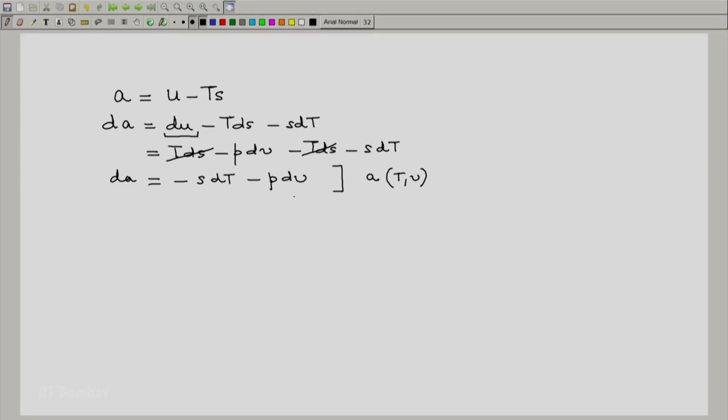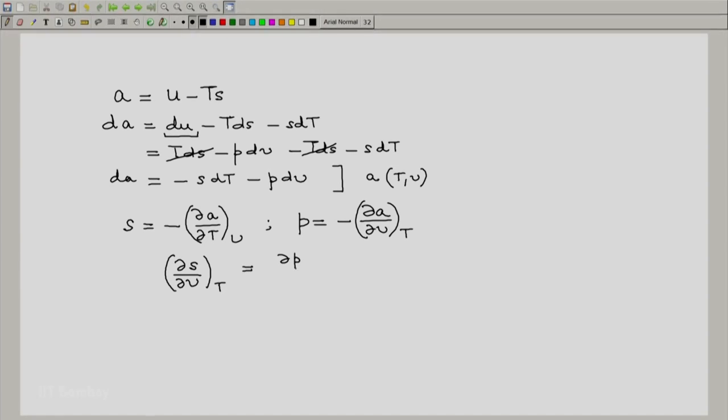Now since both the left hand side and the right hand side are exact differentials, we must have S equal to minus, because of this minus sign, partial of A with respect to T at constant V, and P equal to, again note the minus sign, minus partial of A with respect to V at constant T. And the second derivative relation will give us partial of S with respect to V at constant T equal to partial of P with respect to T at constant V. This relation, to which we will refer again, let us call it M3.